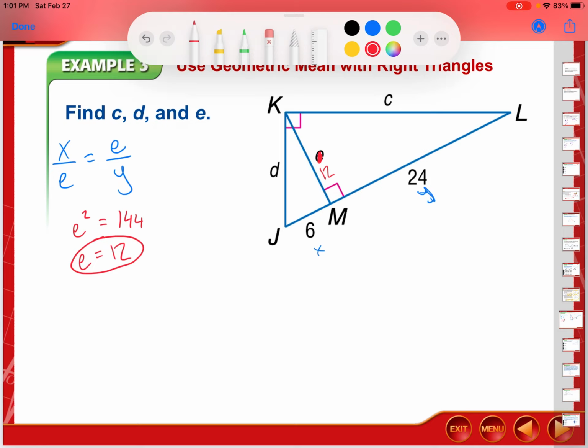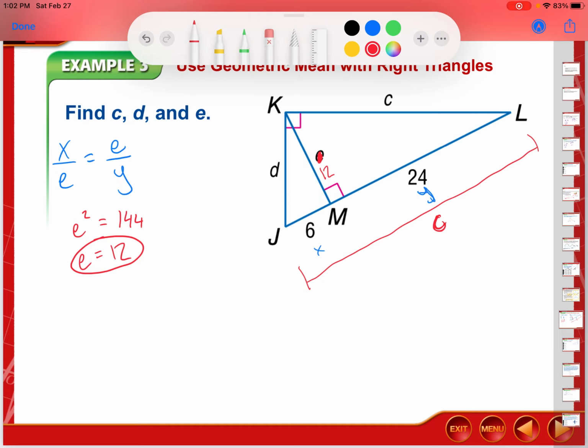You could use the Pythagorean theorem here to solve for C and to solve for D, but we're going to use theorem 8.3 just to stay with the merits of this lesson itself, using geometric mean. So essentially what we're going to do now is use theorem 8.3, and what that tells us is either x or y times c, where c in our formula would be this measurement.